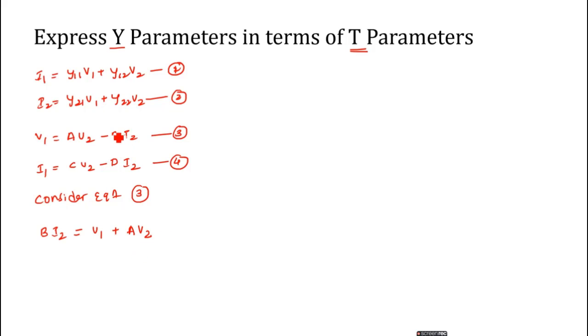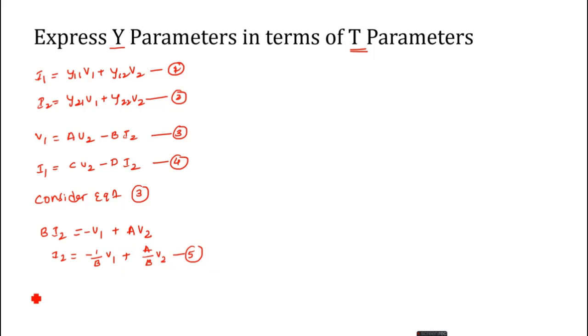Is that right? Let us move this term to the LHS side. Let us move v1 to the RHS side. We will get b into I2 equals, so if it comes here, it is negative sign, then plus a into v2. Then what is I2? I2 equals minus 1 divided by b into v1 plus a divided by b into v2. Call this equation number 5.